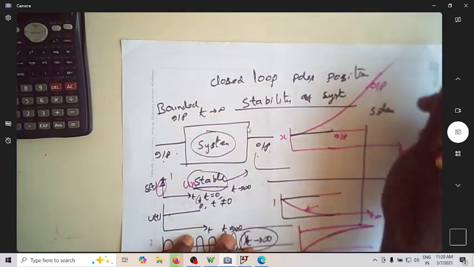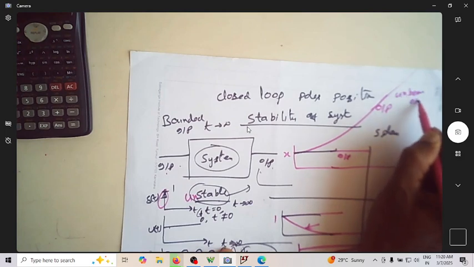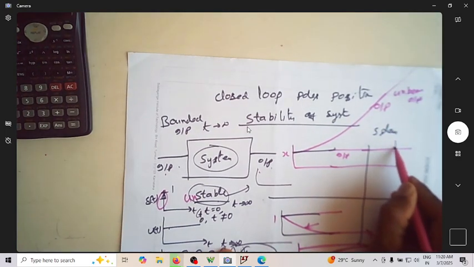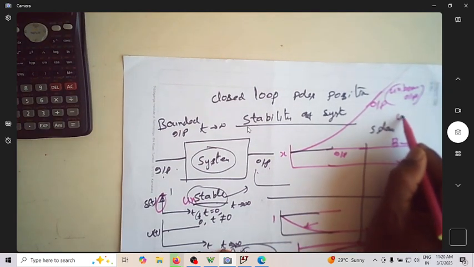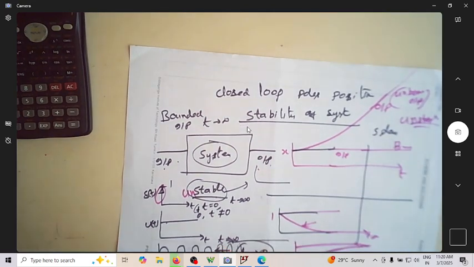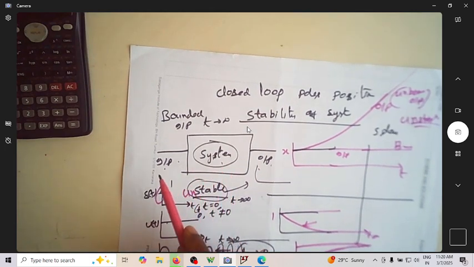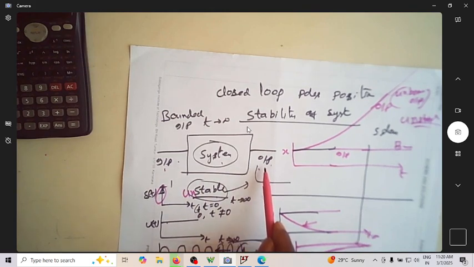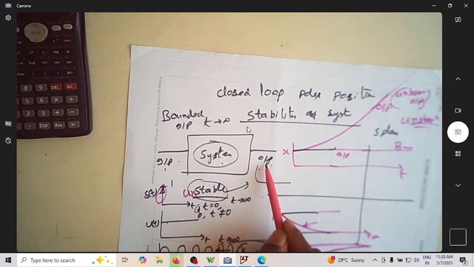This is also infinity. So this is an unbounded output. Input is bounded, but output is unbounded. I'll call it an unstable system. A system is said to be unstable if, for a bounded input, the resultant output is unbounded.